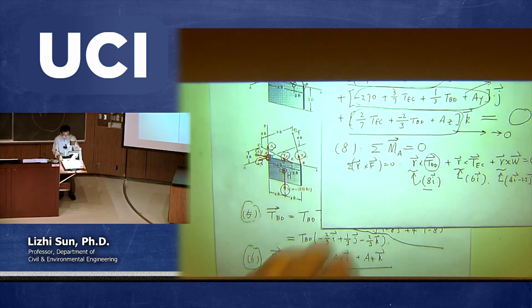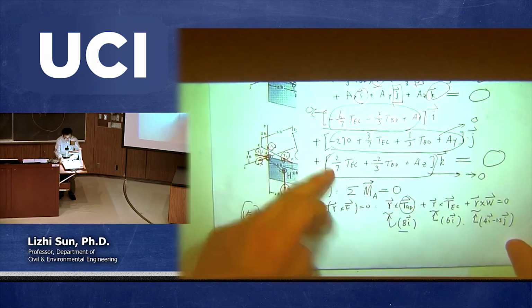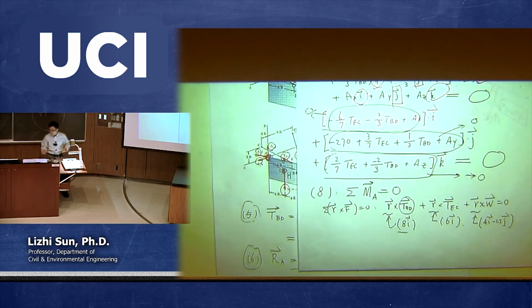But no matter what, combining with the previous 3 equations here and 2 equations here, you finally end up with the 5 equations. And how many unknowns do we have? We have 5 unknowns as well. So if you want to count, these 5 unknowns are AX, AY, and AZ, these are 3, plus the TEC, right?